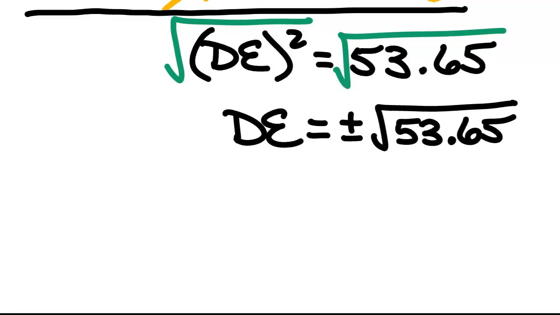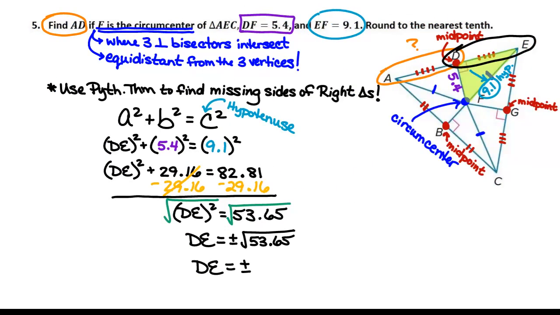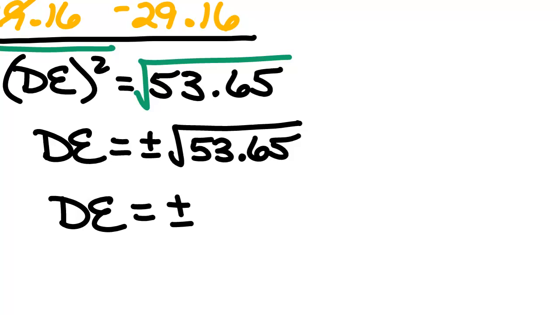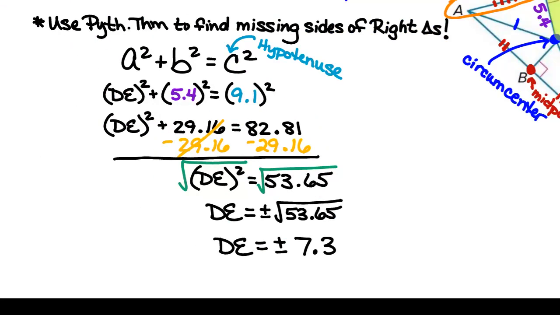What do you get when you take the square root of 53.65? (7.3). Can DE be both the positive 7.3 and the negative 7.3? No, it can only be which one? Positive.